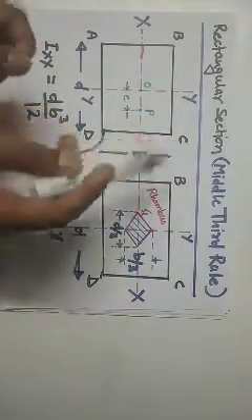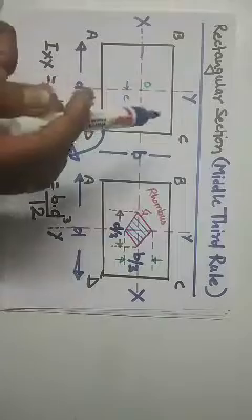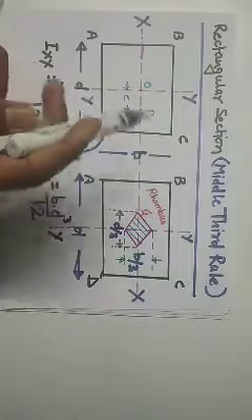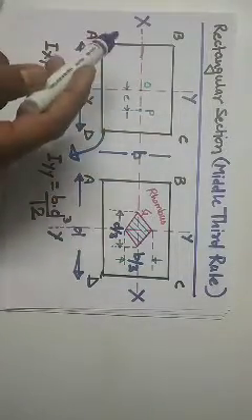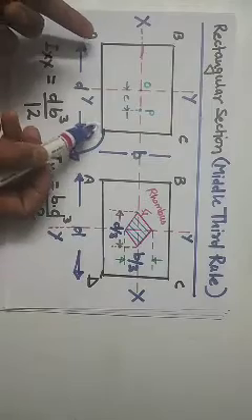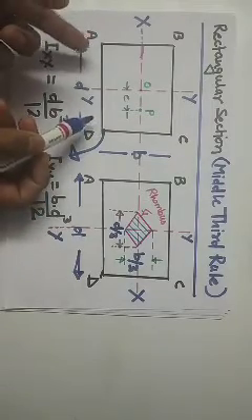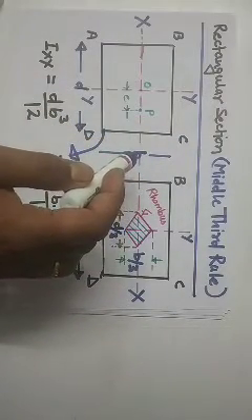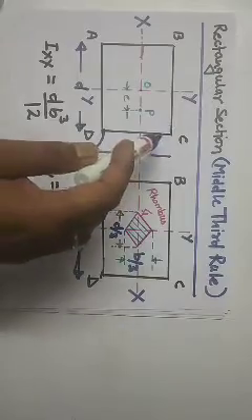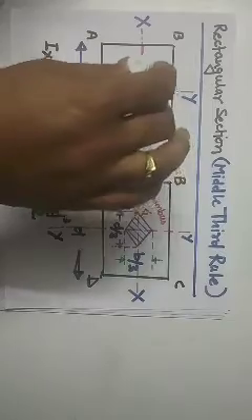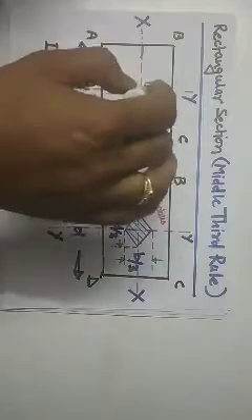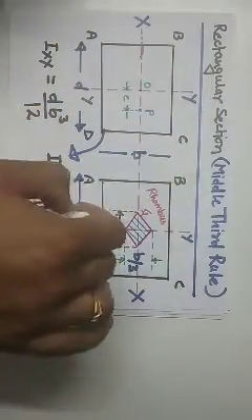So be very clear that when we solve a problem regarding combined bending and direct stresses for a column, and we make a rectangular cross section of the column, then this horizontal position shows the depth of the column, and this vertical line shows the width of the column. And because the load is acting at this point, when we take a moment, this moment will be about the y-axis.